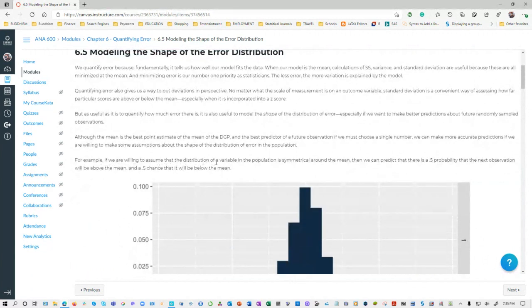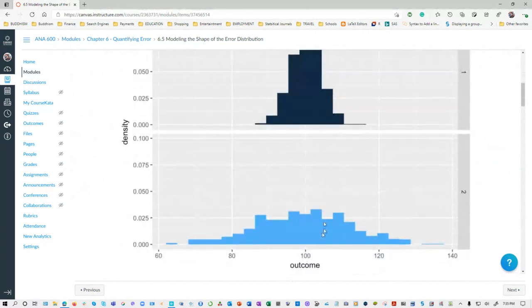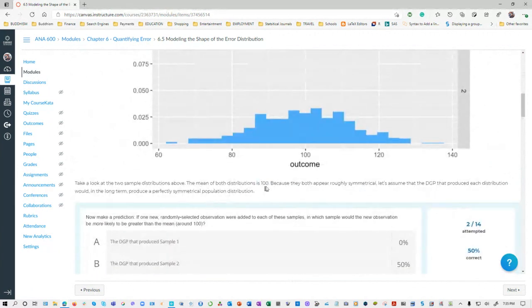If we are willing to assume that the distribution of a variable, they both have a mean of 100 and both appear roughly symmetrical. It's assumed that the DGP, the population that produced each distribution, would in the long run produce a perfectly symmetrical population distribution.